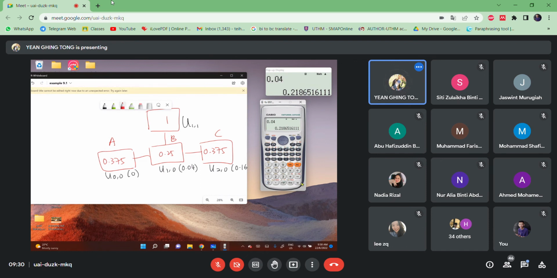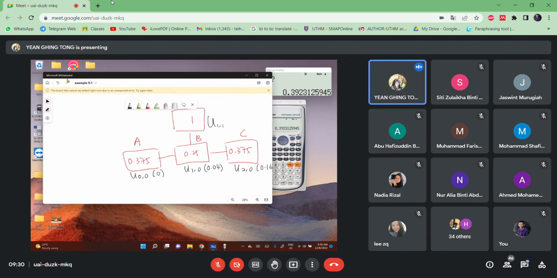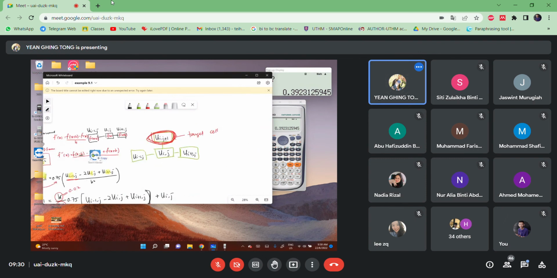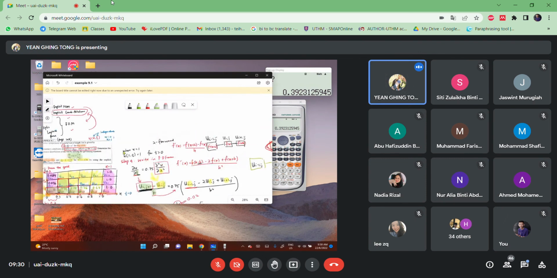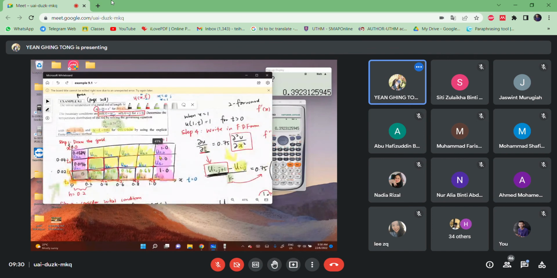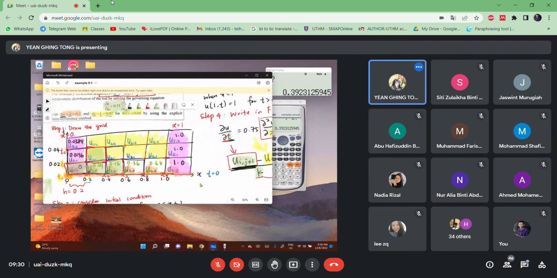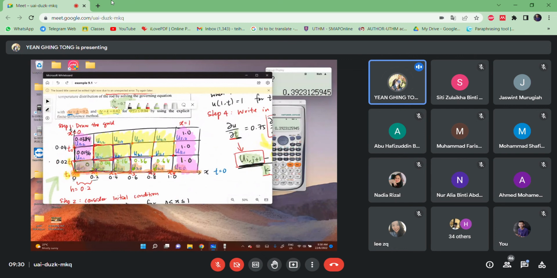0.04. Boleh tak? Sekejap, saya ni bawa ke sini. You see here, this is U00. This is U10, 0.04.